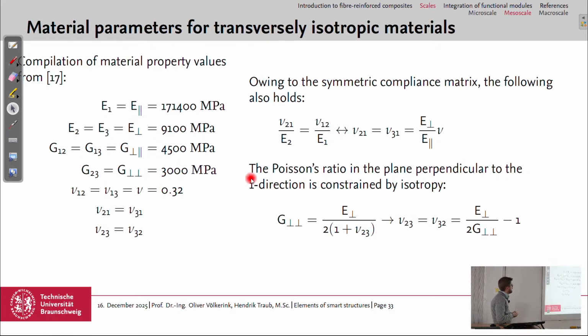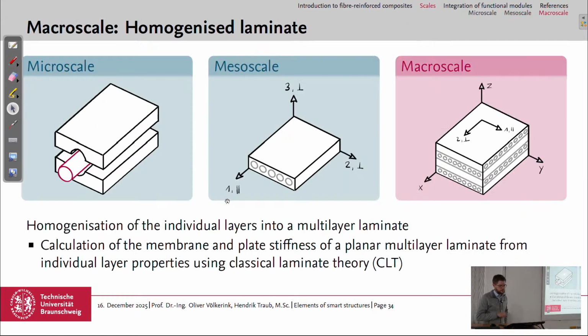So this would be a description of, again, the 8552 IM7 material for plane stress conditions. So now we are going to the macro scale, and we will only have a brief look at classical lamination theory to see how we can get the stiffness of the whole laminate from the properties of an individual layer plus the stacking sequence.